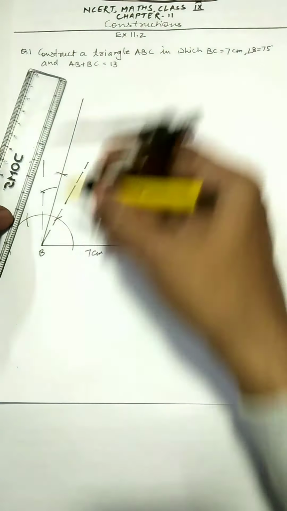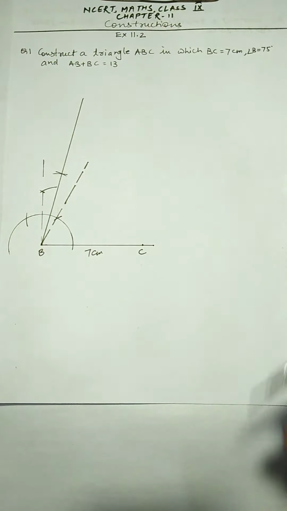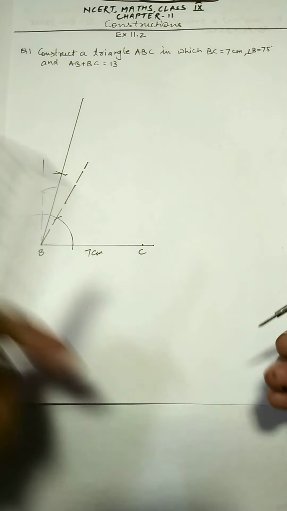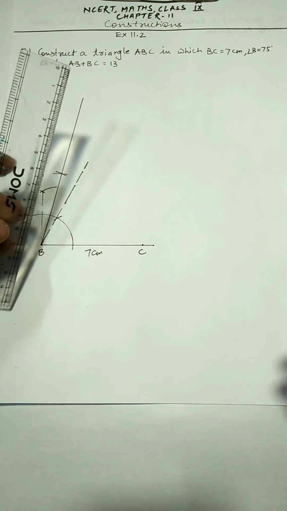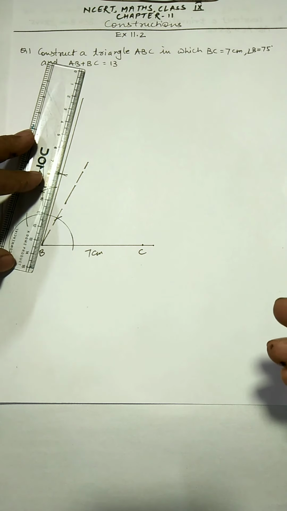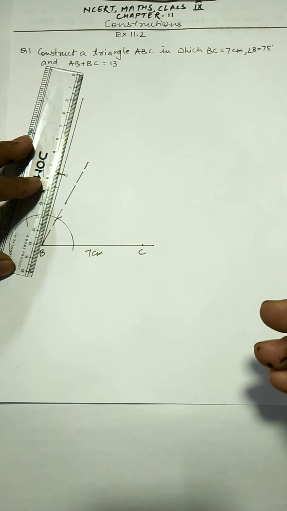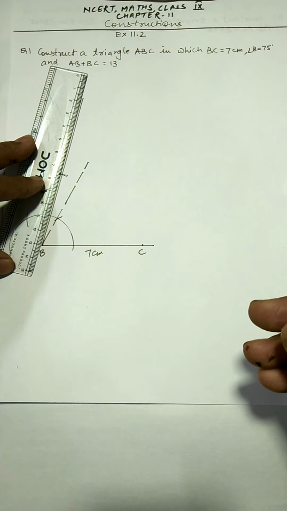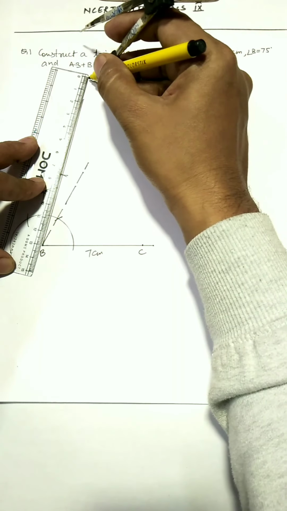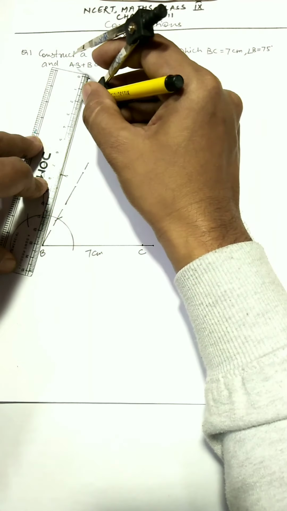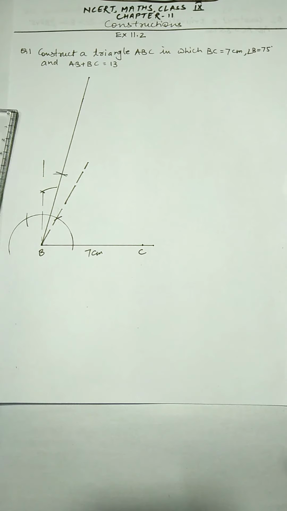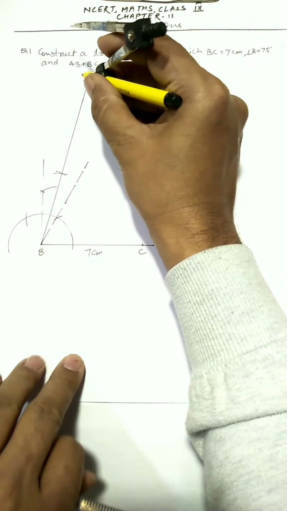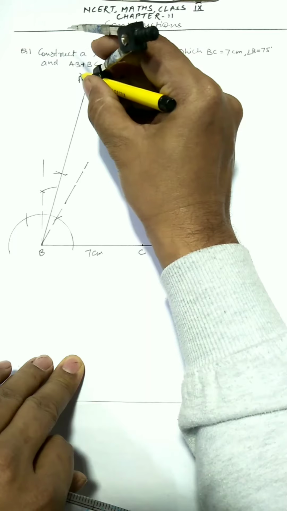And we'll take this length, because AB plus BC is given to us as 13 centimeters, so we'll take it at least 13. So you see this 13 is here and it's coming here. Now this is 13 centimeters, so you can join it also. Take this point as A dash.